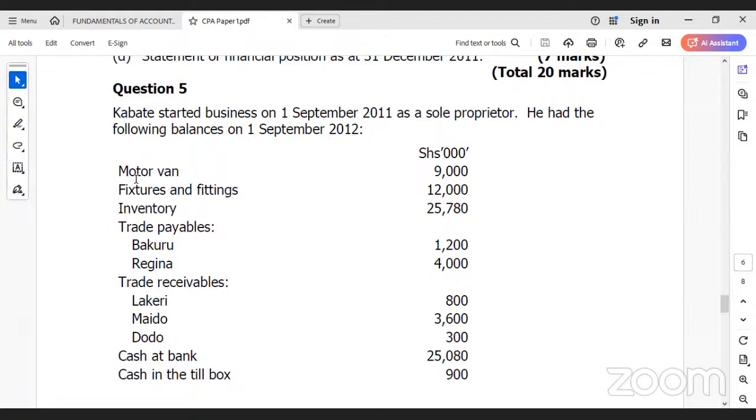So come up with the motor vans account, fixtures and fittings account, inventory, trade payables, Bakuru, Regina, and so on. So those are the accounts which we are going to prepare one by one. So get your book, you'll be having a ruler, and then we'll see how we are going to come up with those accounts one by one.